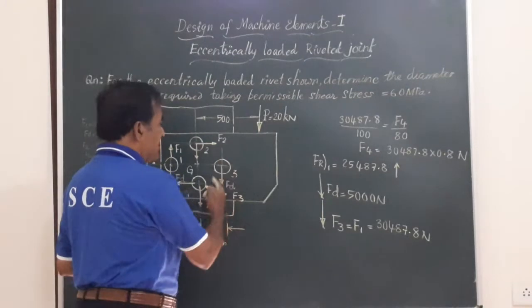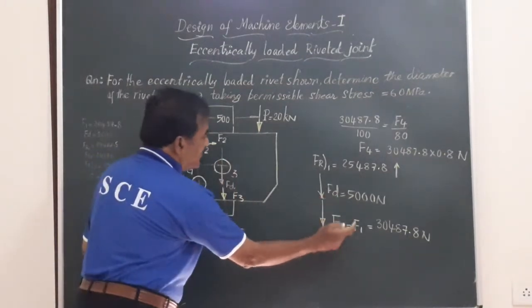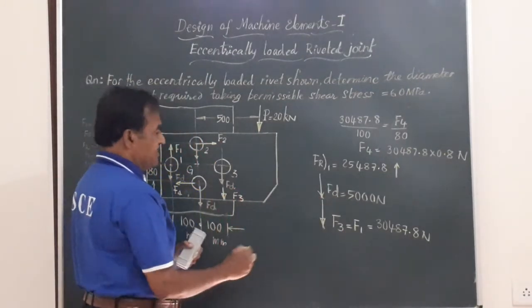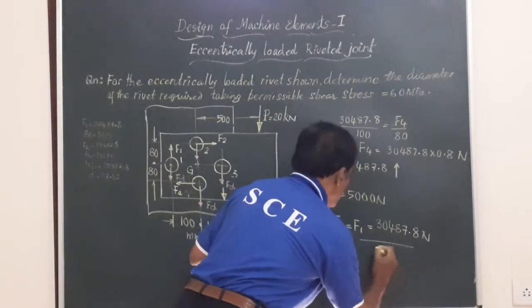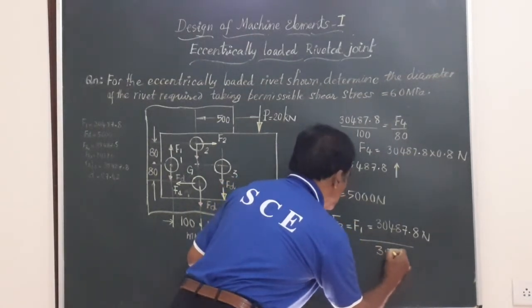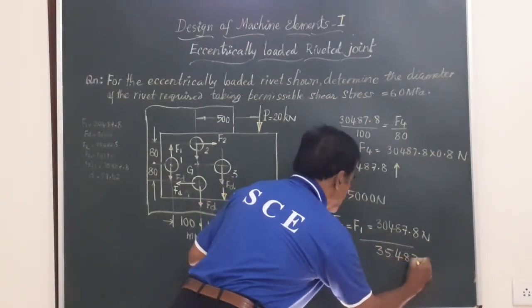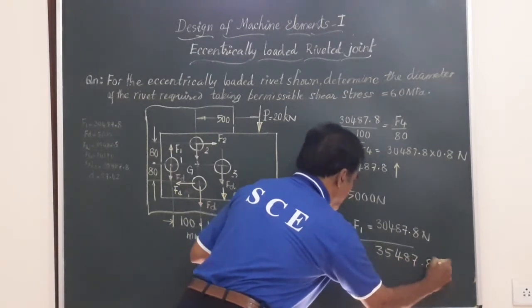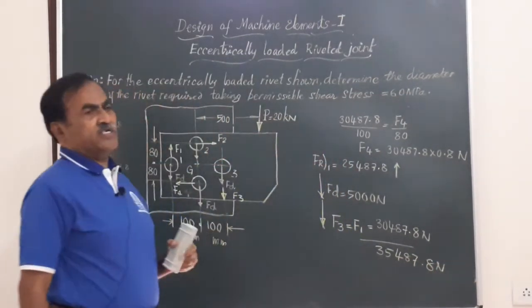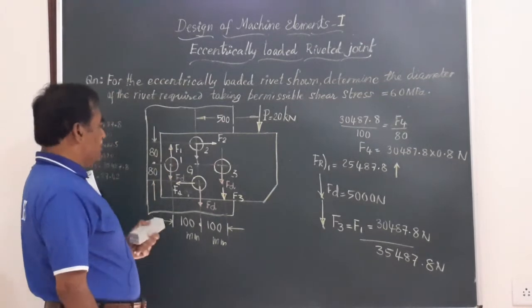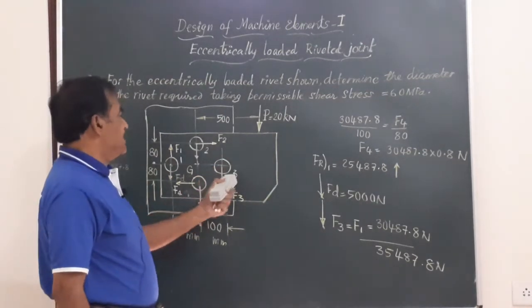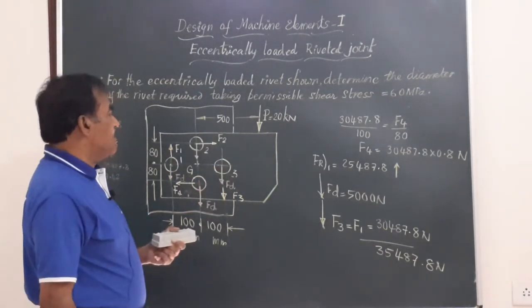The total effect of the pull due to Fd and F3 at rivet number 3, if you add them, you will get 35,487.8 Newtons.